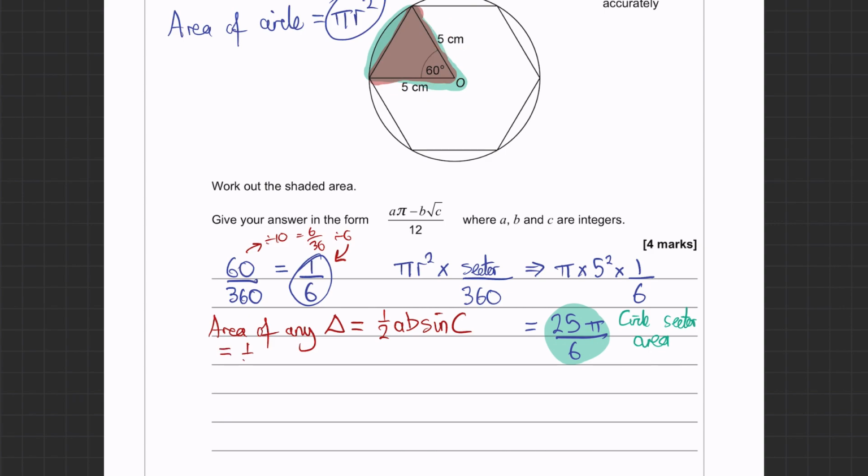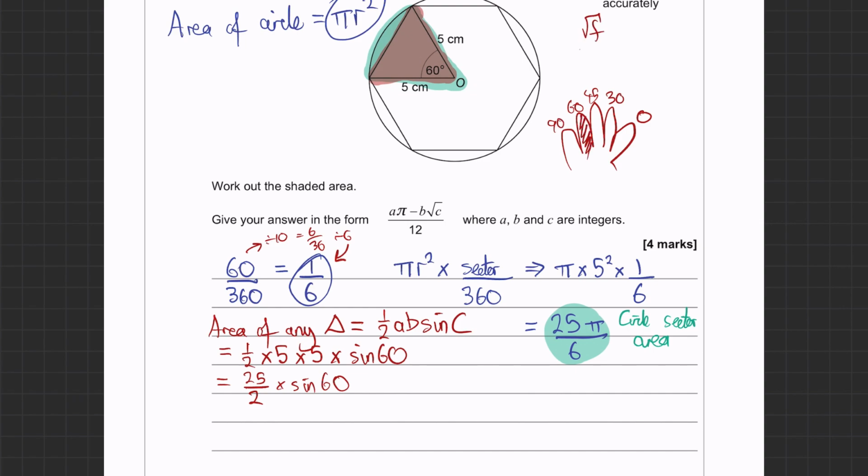We've got half, lots of a, which is 5, b, which is also 5, and sine C, so we've got sine of 60. So we've got 5 times 5 is 25, so we've got 25 over 2, lots of sine 60. Use whichever method to find the value of sine 60. I'll use the hand method, so 0, 30, 45, 60, 90. We're after 60 degrees, and we've got root fingers over 2.